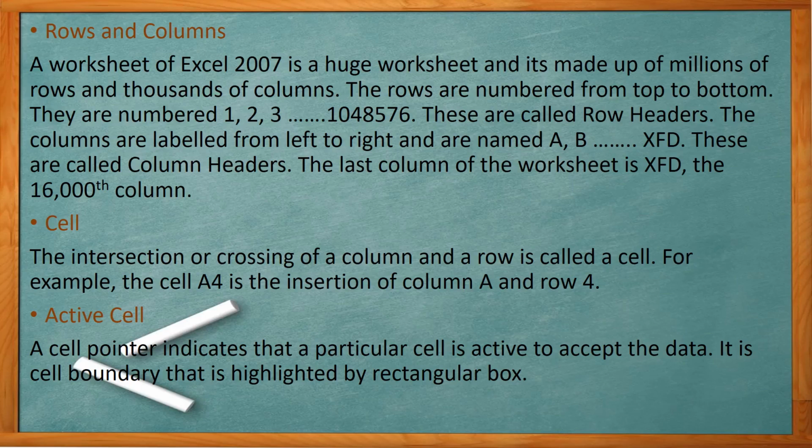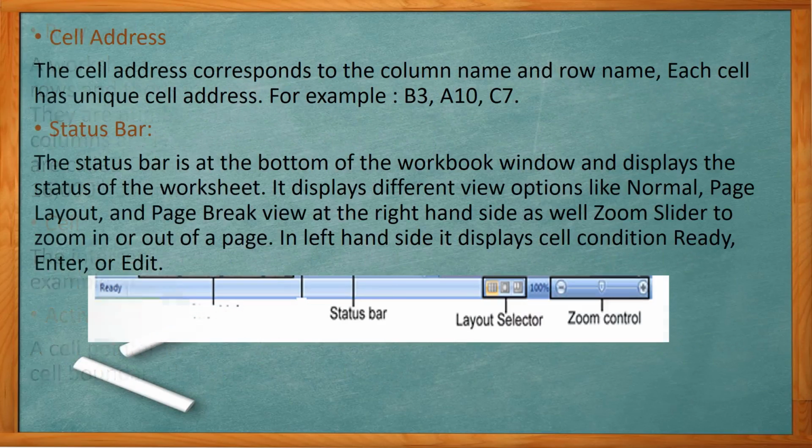It is the cell boundary that is highlighted by a rectangular box. Cell address. The cell address corresponds to the column name and row name. Each cell has a unique cell address. For example, B3, A10, C7.